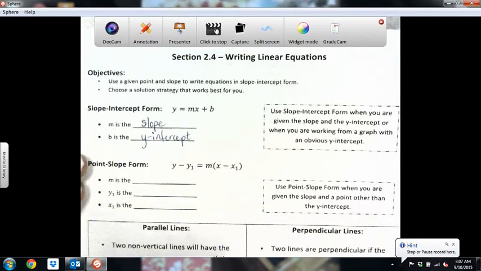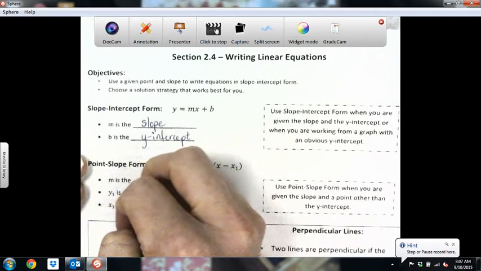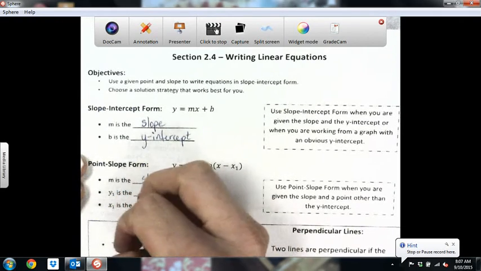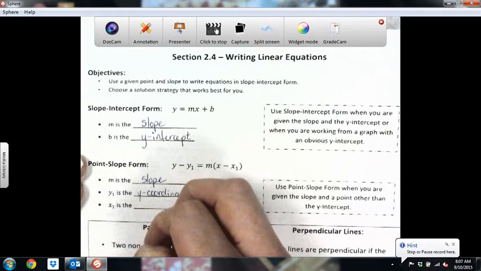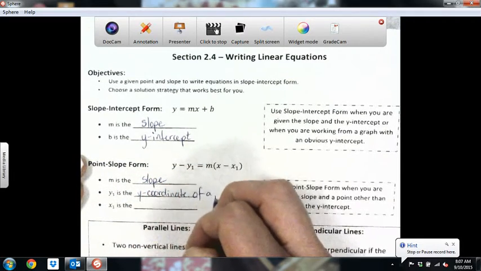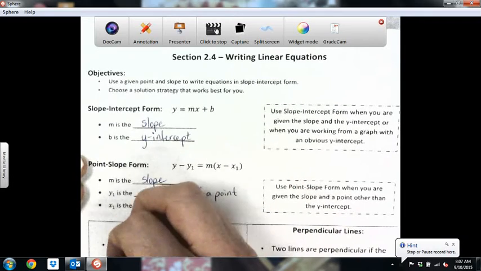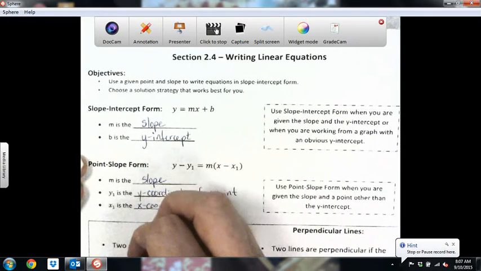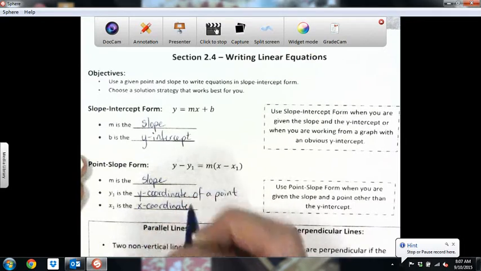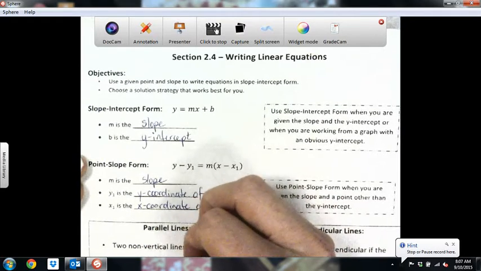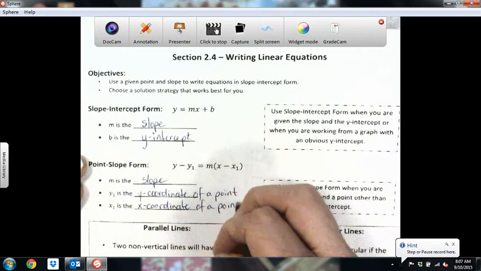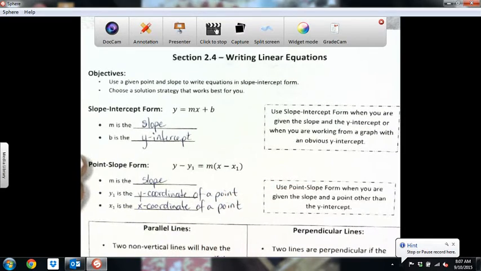And so here, m is the slope still. y1 is the y-coordinate of the point that you know. And then x1 is the x-coordinate of a point that you know. So you don't have to know the y-intercept like you did here. For this one, you could know any point on the line. And so we'll talk through how to use both of these today.